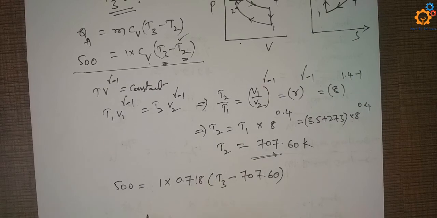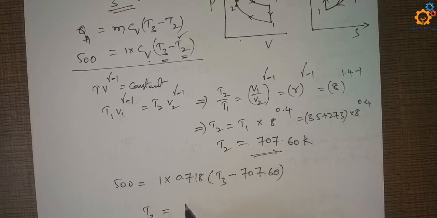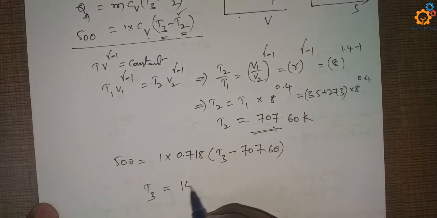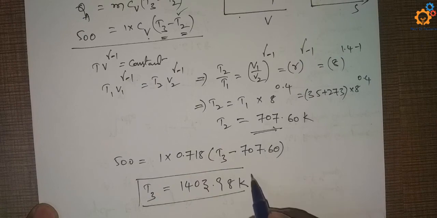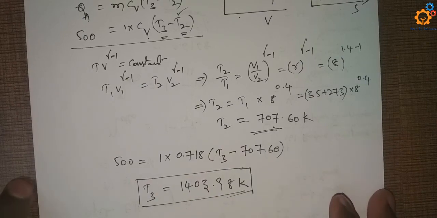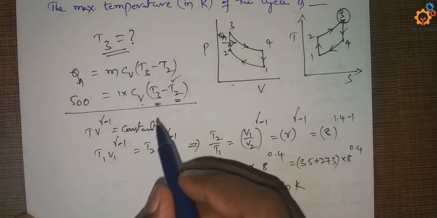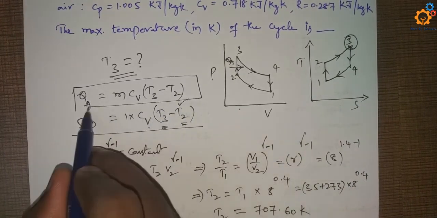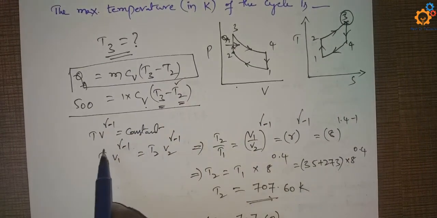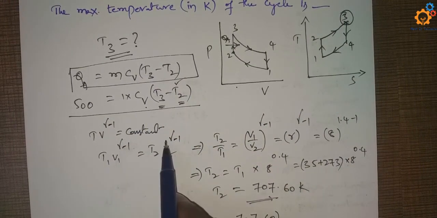So from this you will get T3 as 1403.98 Kelvin. So we got maximum temperature from the cycle. See, we used only two relations, that is heat addition at constant volume and adiabatic relation, that is T V power gamma minus 1 is equal to constant.